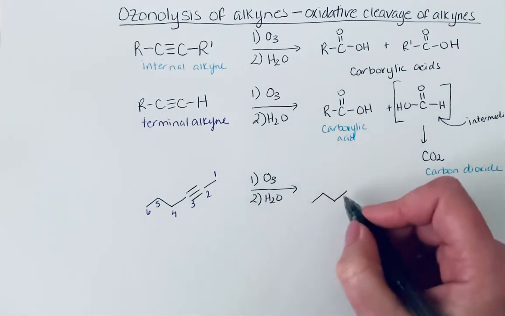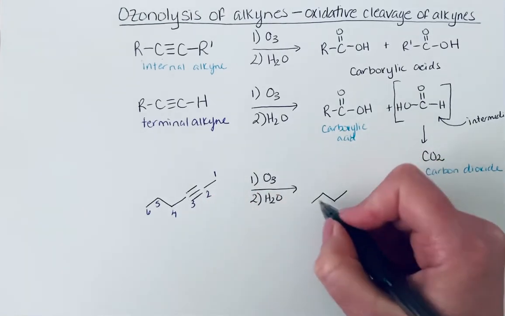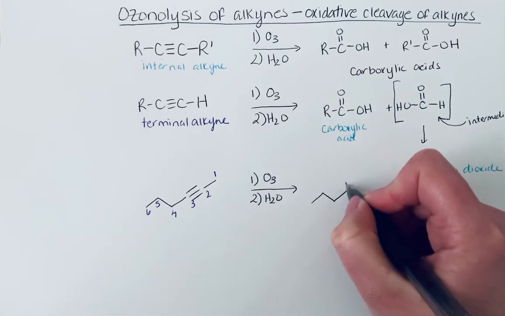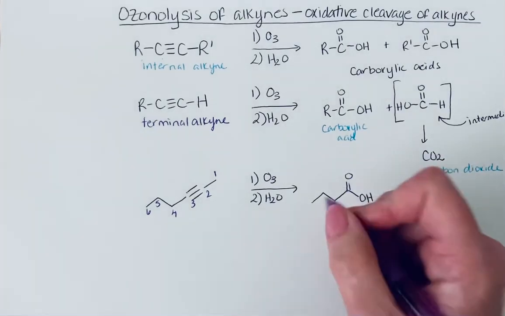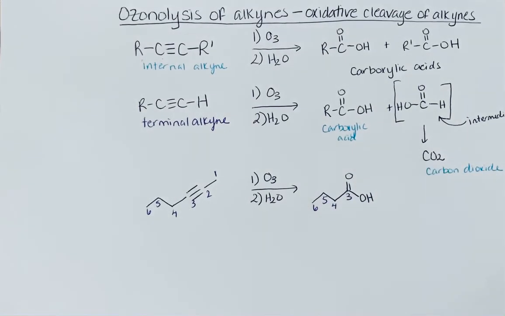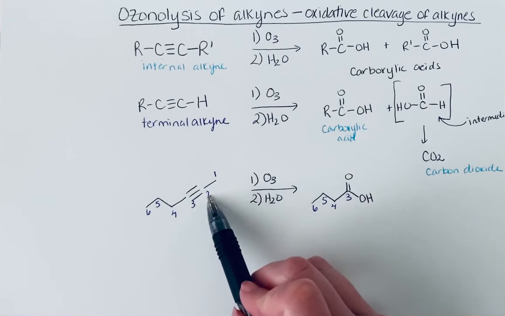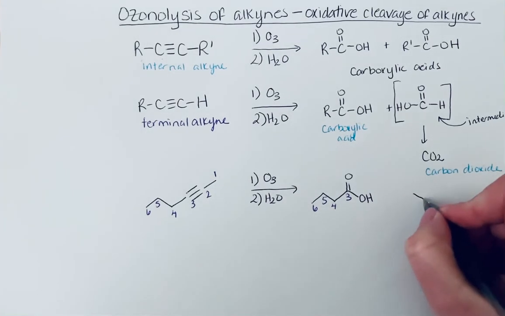So we will end up with carbons 6, 5, 4, and 3. That will be one carboxylic acid. And then carbons 2 and 1 will be the other carboxylic acid.